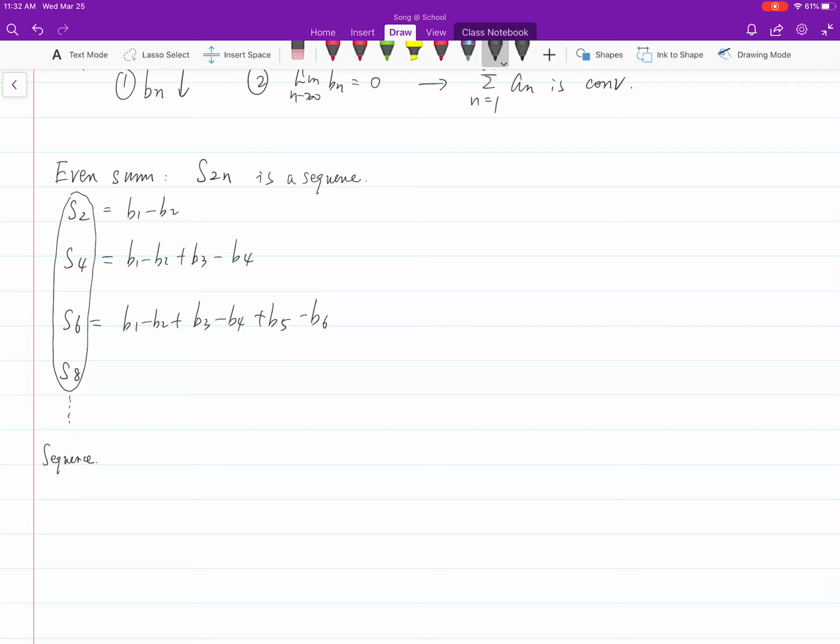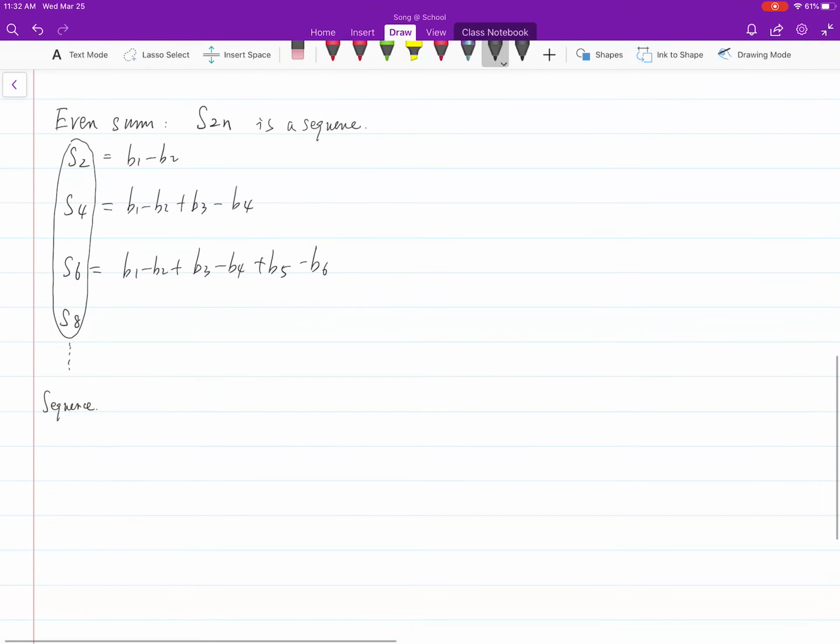Try to recall what we did in 11.2. All series is nothing but a sequence, because you just let n go to infinity and what you get becomes your sum. Now, if we have a sequence, let's see what we can do with this.